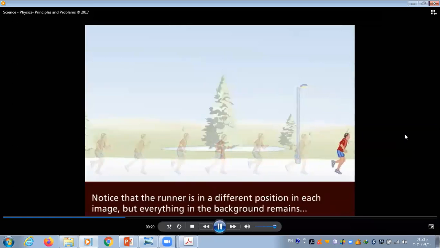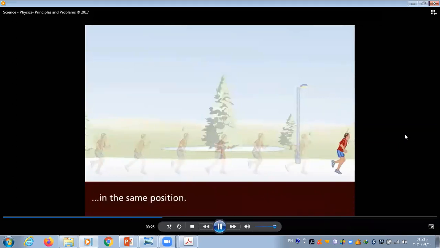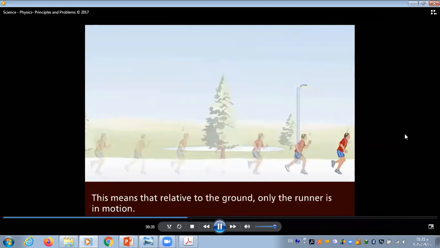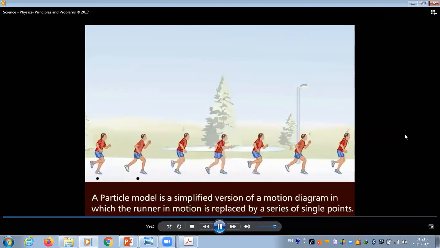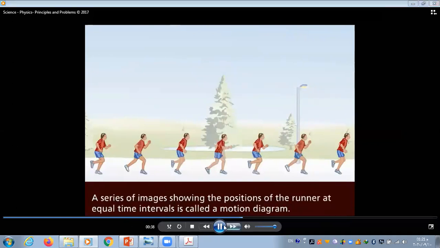Notice that the runner is in a different position in each image, but everything in the background remains in the same position. This means that relative to the ground, only the runner is in motion. A series of images showing the positions of the runner at equal time intervals is called a motion diagram.